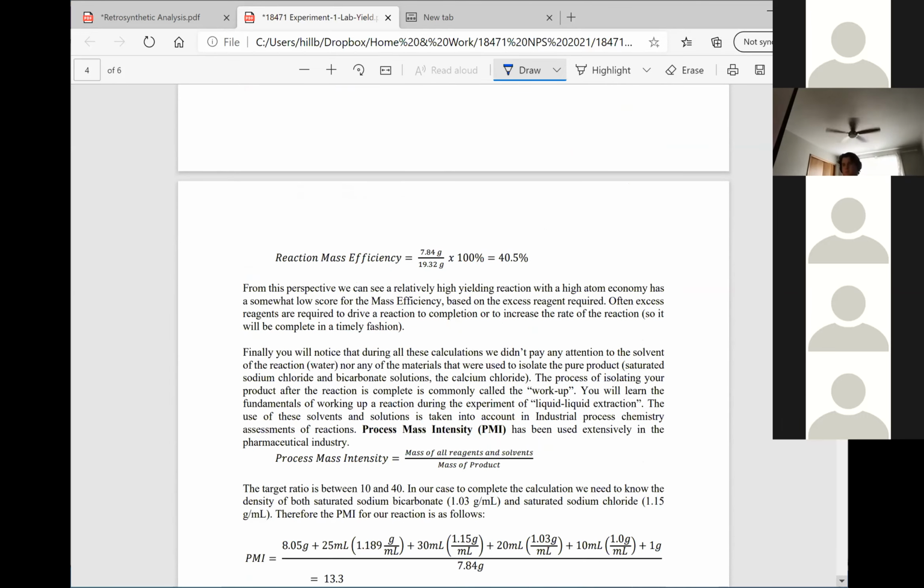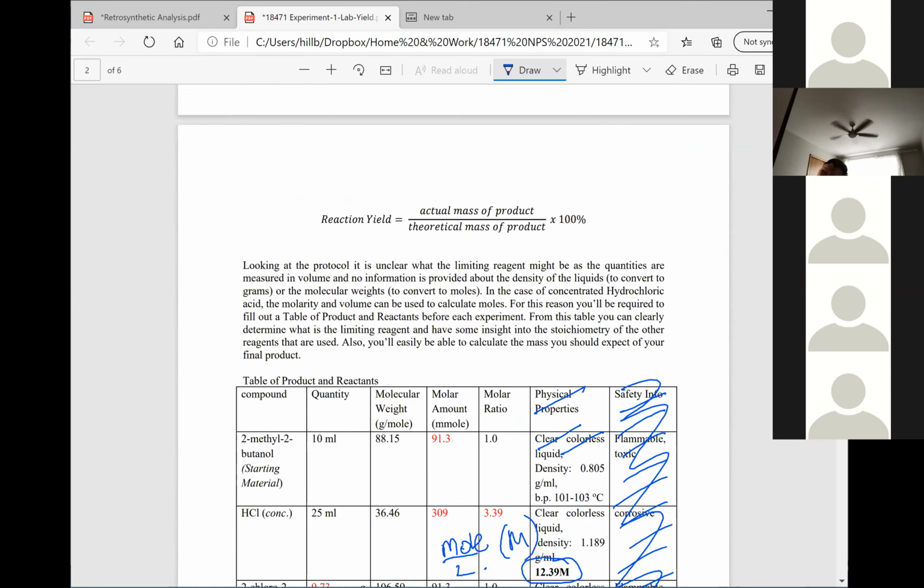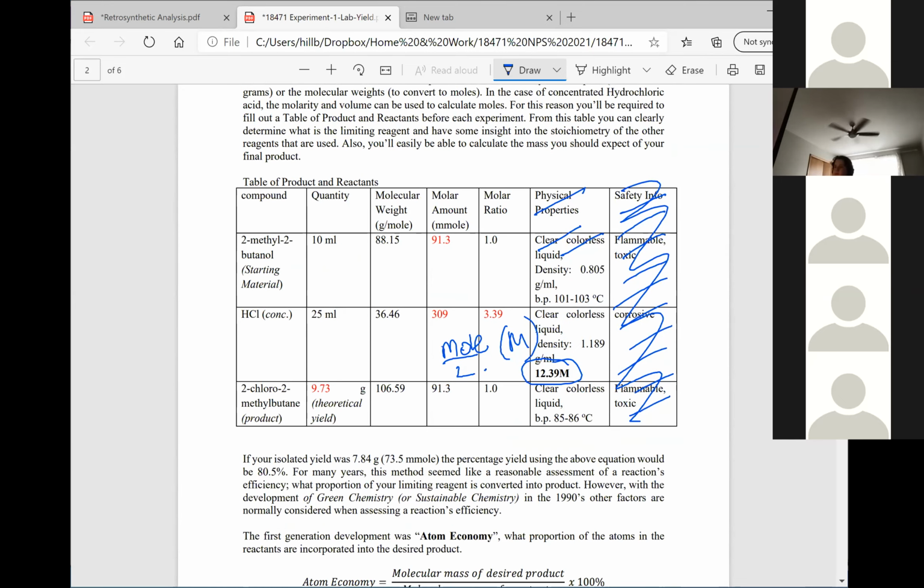What's the molar ratio there? I probably need to actually look at it. That'll make sense. So your starting material, here's the molecular weight. You've got 10 milliliters, so you use the density to convert that into grams.